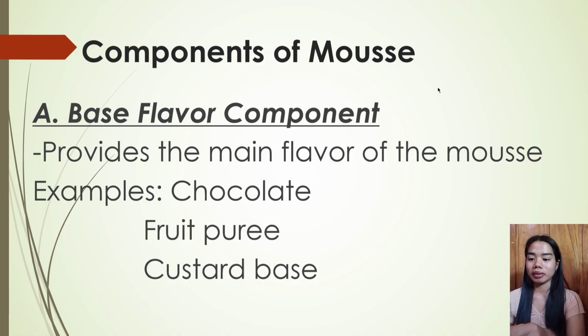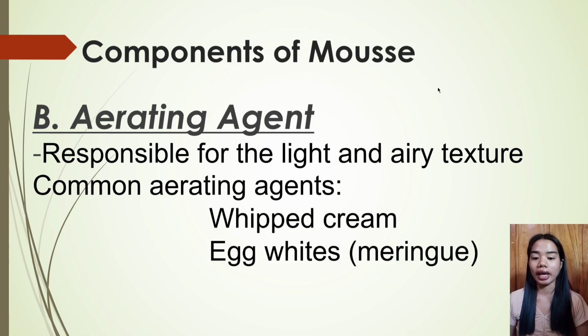And then next naman is we have the aerating agent. It is responsible for the light and airy texture. Common aerating agents are the whipped cream or the egg whites. Ito yung meringue na sinasabi ko kanina.